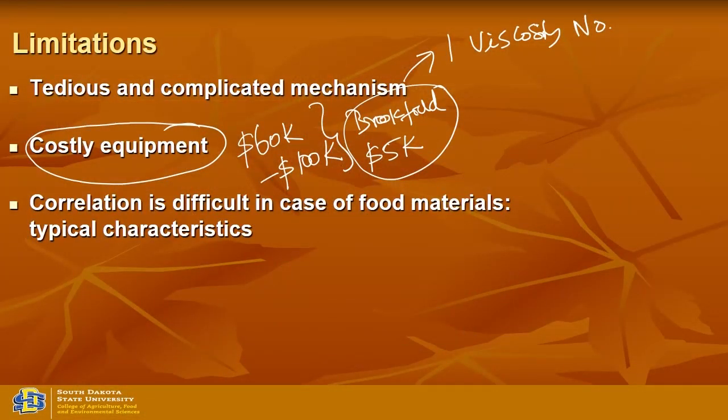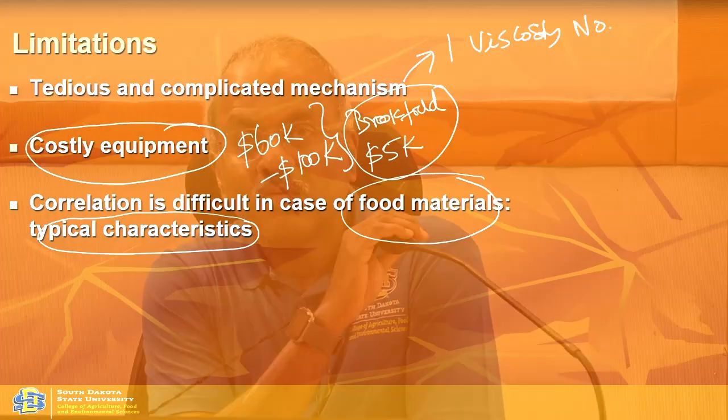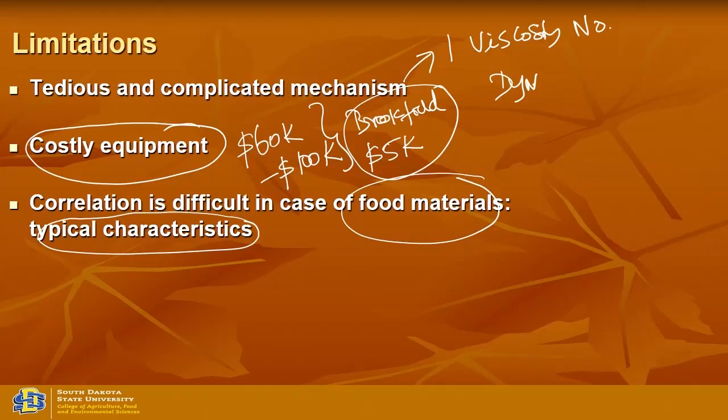If you just let it rest for some time, it dies. You cannot do anything with that. So you have to keep running it as much as possible. Here also, the correlation is difficult in case of food materials. Typical characteristics are different. So you will get a lot of variations in your results. What is the concept? Dynamic viscosity.